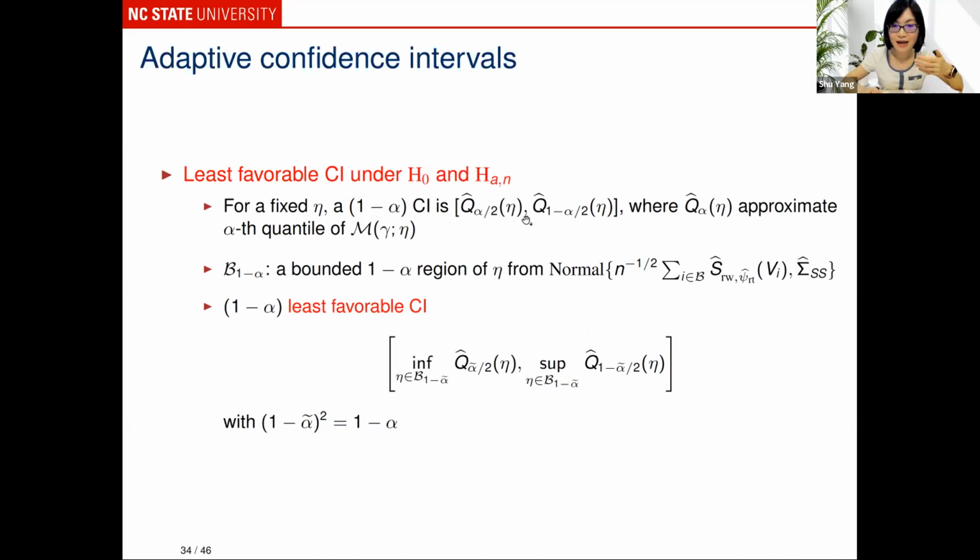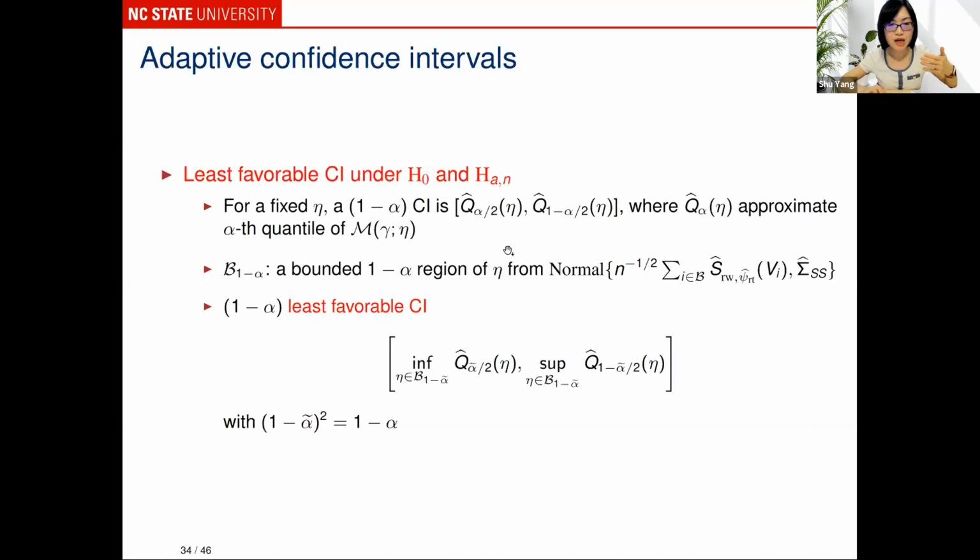And then because eta is unknown, maybe one solution is taking the infimum of the lower bound over all possible values for eta, and then taking the supremum of the upper bound over all possible values for eta. But eta can take a very wide range of values, and this solution is non-informative at all.